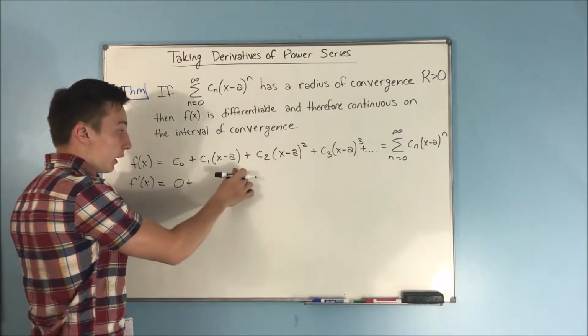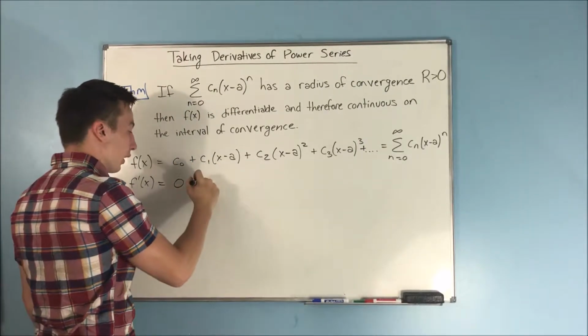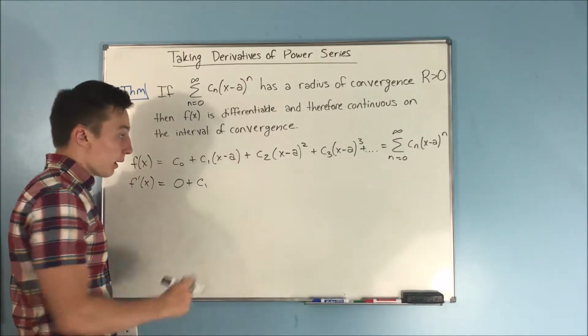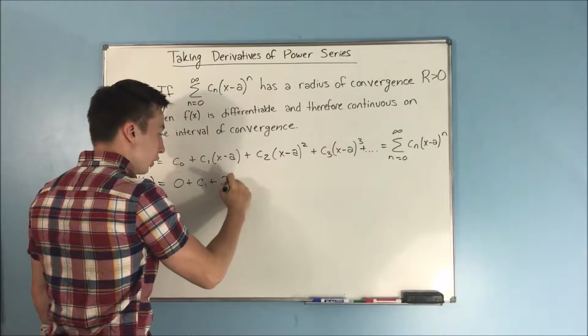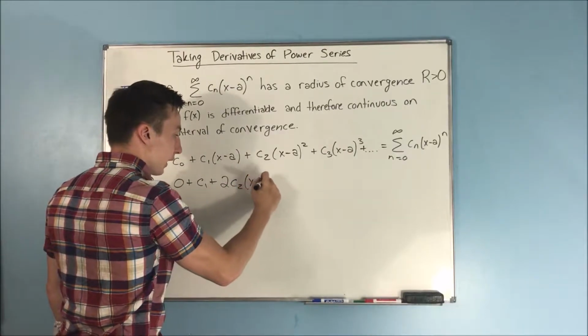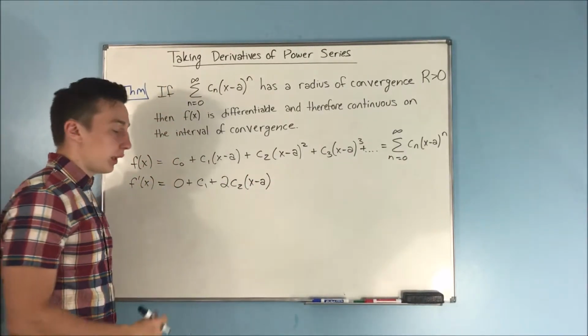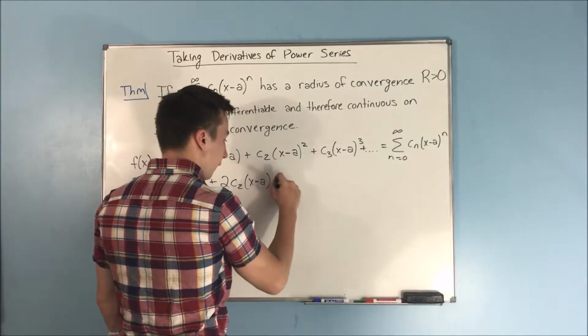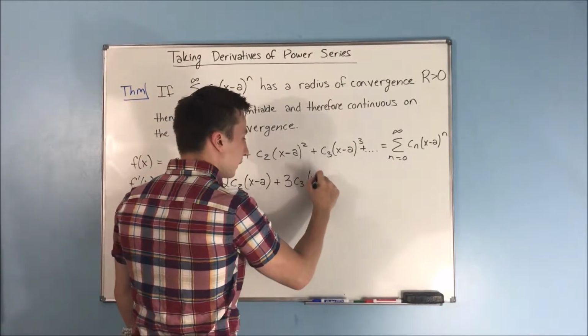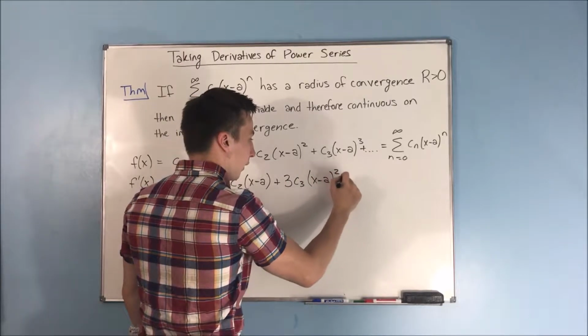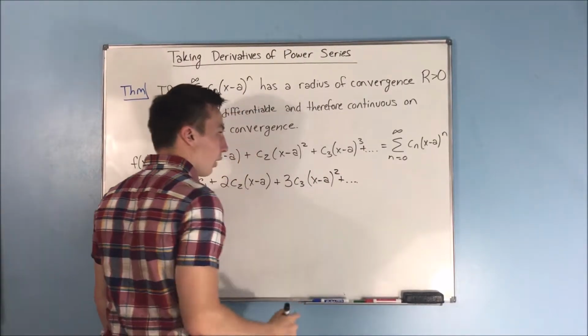So x minus a will go away, and you're going to be left with c sub 1. Here this power comes down, and you have 2 c2 times x minus a to the first power. And then you have 3 times c sub 3 times x minus a to the second power, and that's going to go on and on.